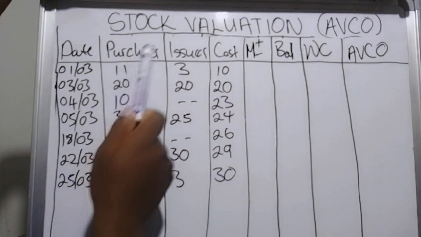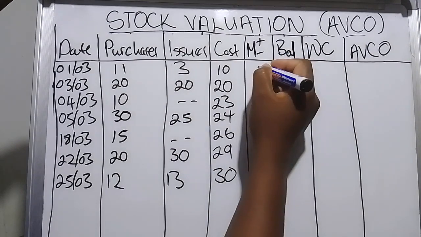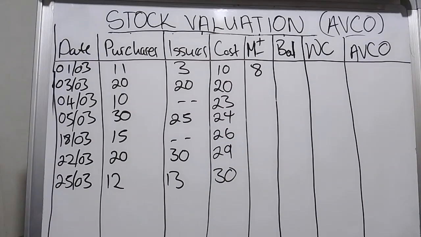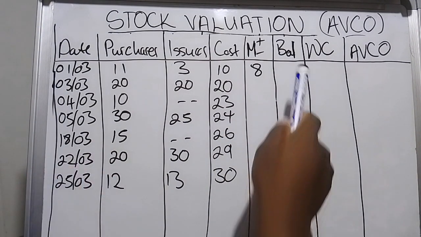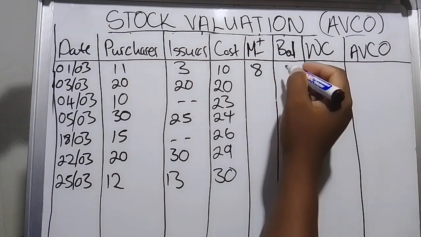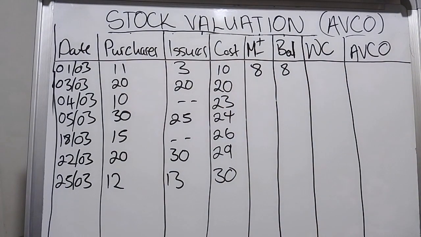It means 11 minus 3, then we come up with 8. So 8 is what was added to our stock. Then the balance shows how much stock we will be having. Now it's 8. We don't have a balance BD here, so we just put the 8 there.